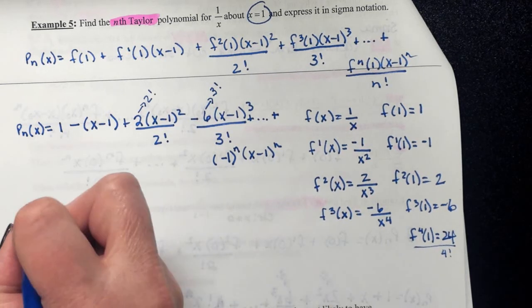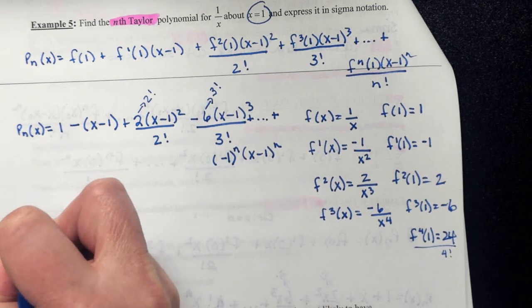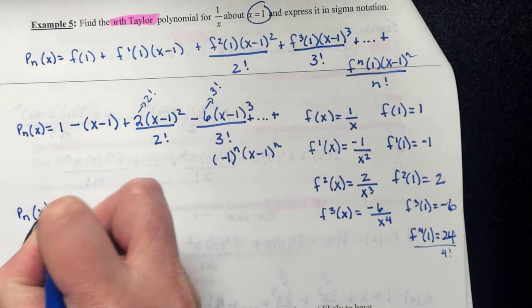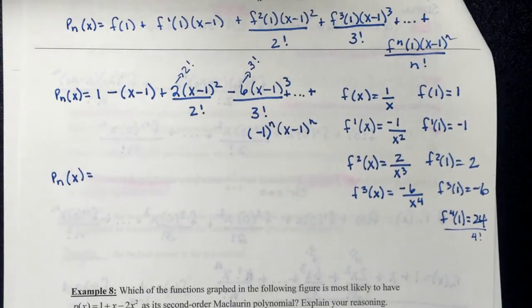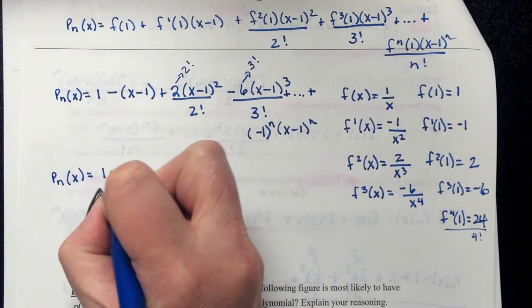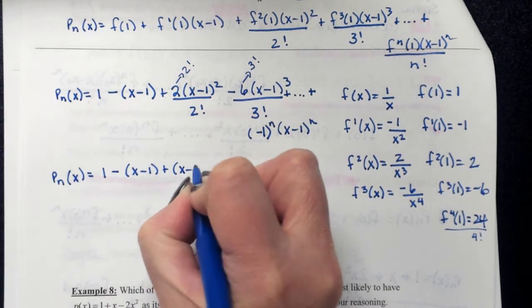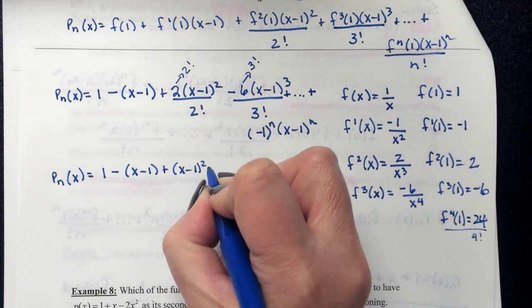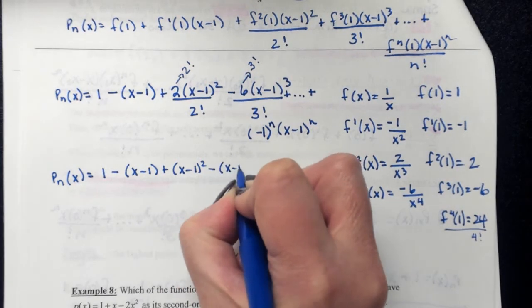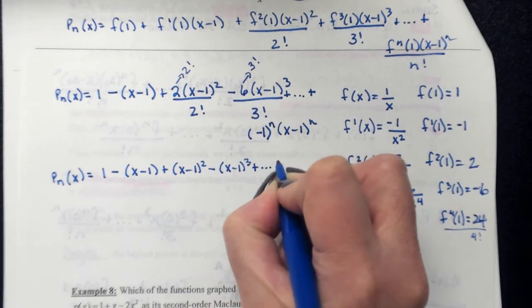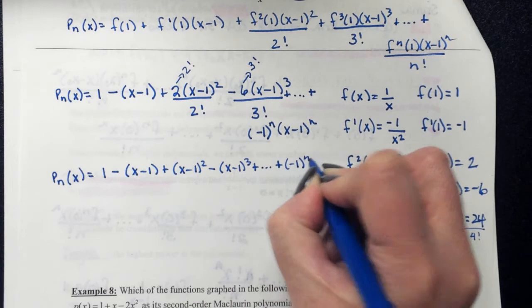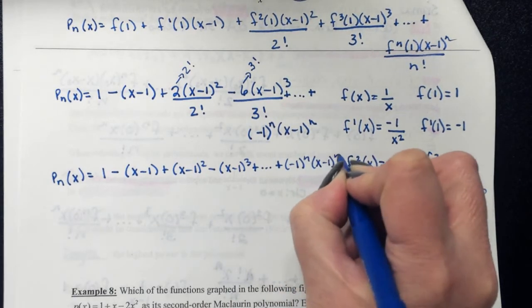So if I want to write this Taylor polynomial, it's going to be 1 minus x minus 1 plus x minus 1 to the second minus x minus 1 to the third plus dot dot dot plus negative 1 to the nth times x minus 1 to the nth.